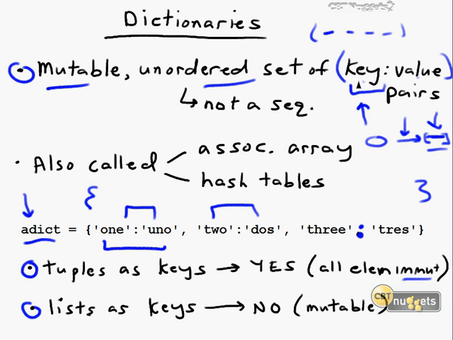If you included a list in your dictionary key and you appended to the list or removed an item from the list, that would force a recomputation of that hashing function and that hashing value, that digest, and it would break the dictionary. So therefore, lists cannot be used in dictionaries.